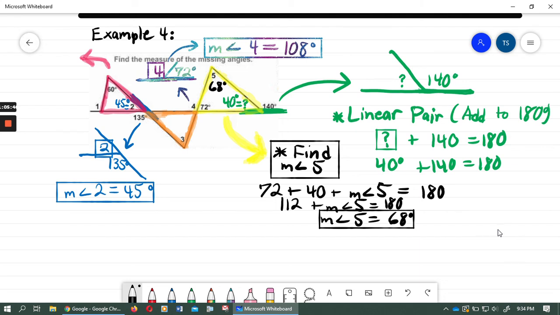I'm not going to write out that equation like I did in our previous examples, but in this pink triangle, 60 degrees plus 45 degrees plus some unknown angle measurement have to add together to give us 180 degrees.